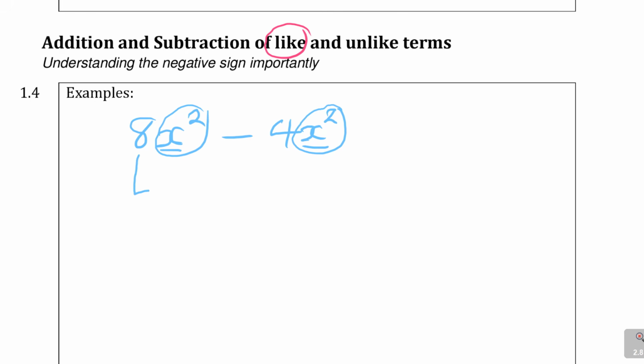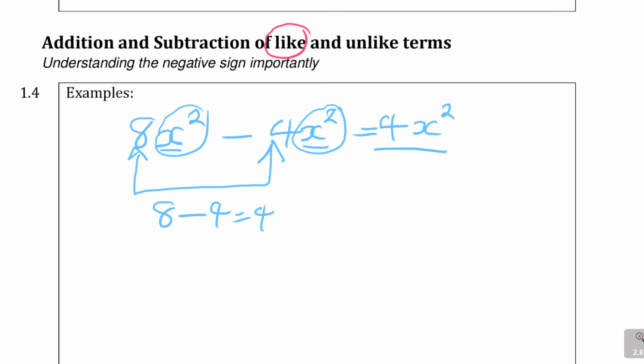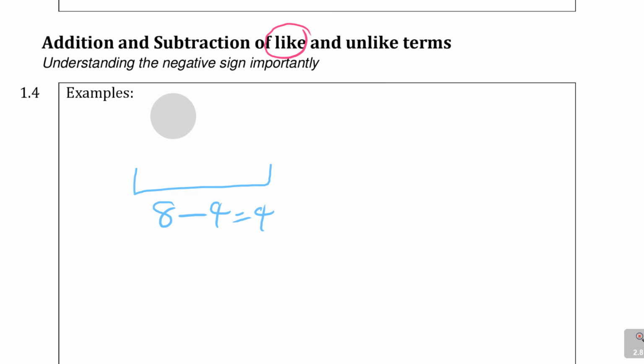Now you focus on the numbers. So what are the numbers? It's 8, but now there is no plus. It's a minus. So 8 minus 4. That's what you do in the calculator. You take a calculator and find out what is 8 minus 4. And the calculator will give you a 4. Then here you say equal to 4, then you maintain the variable, which was x squared, so 4x squared. Is it making sense? As I said, you do not have to panic.